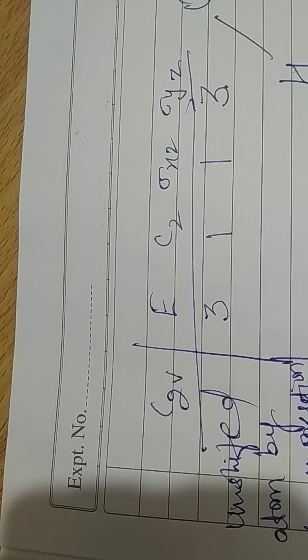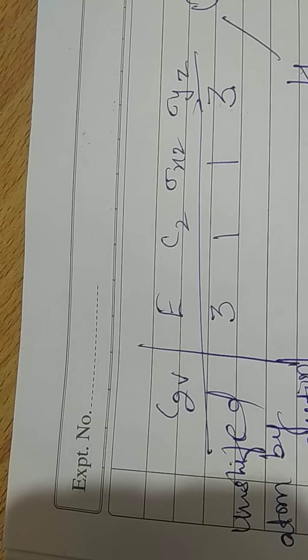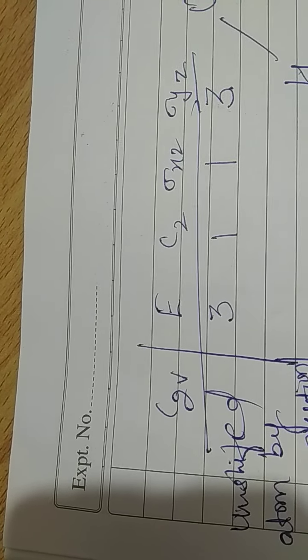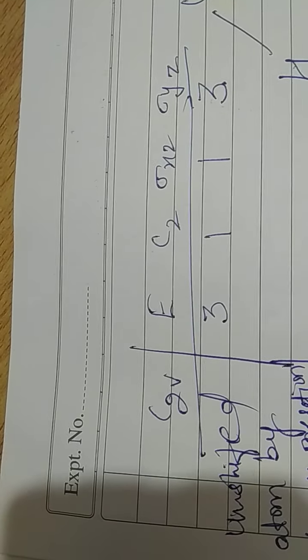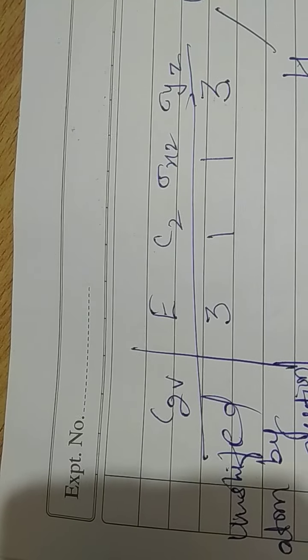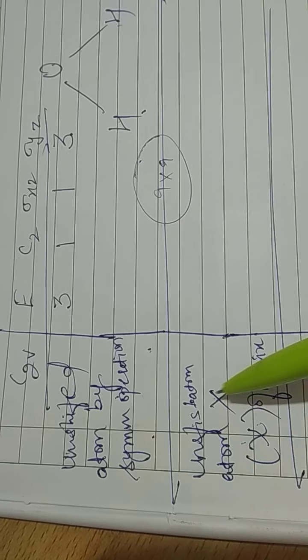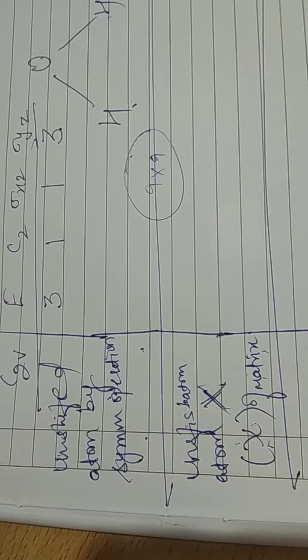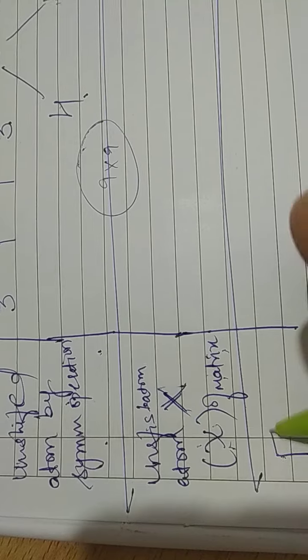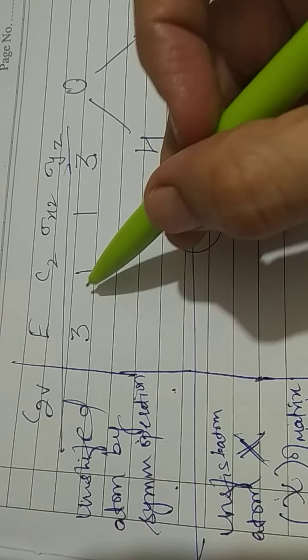And then the other one is the unshifted atom into the character of the matrix, of a general matrix which we have drawn. So unshifted atom by the symmetry operation, and unshifted atom multiplied by the character of the matrix, this gives rise to 3n. Directly we can calculate it here. Let me show you how.